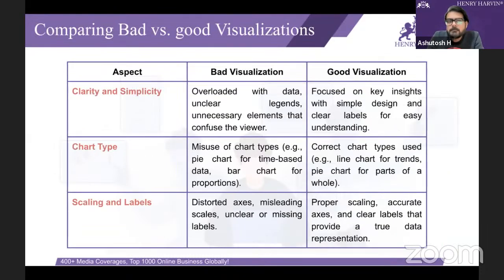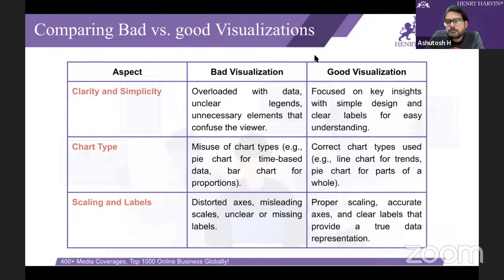Right? Now, what is the difference between good and bad visualization? When we talk about the pointers, on clarity and simplicity, a bad visualization will be overloaded with data, unclear legends, and unnecessary elements. A good visualization will focus on key insights with a simple design, clear labels, and the right chart type.